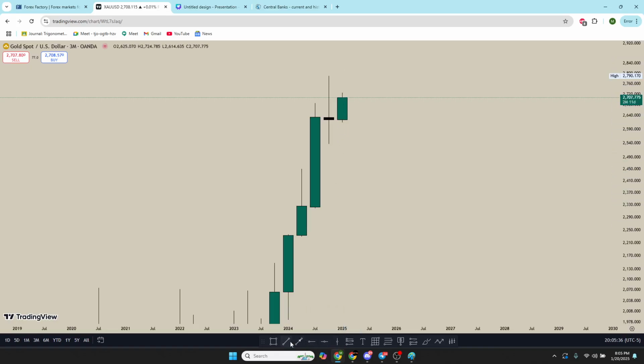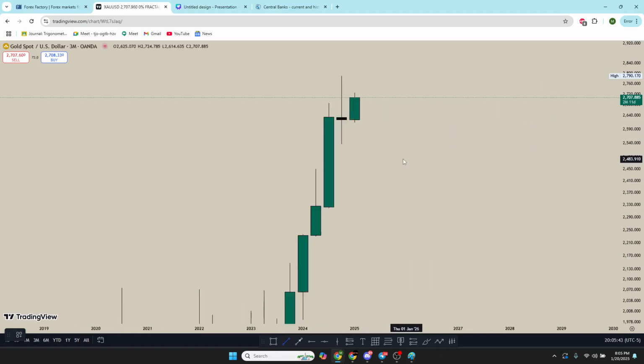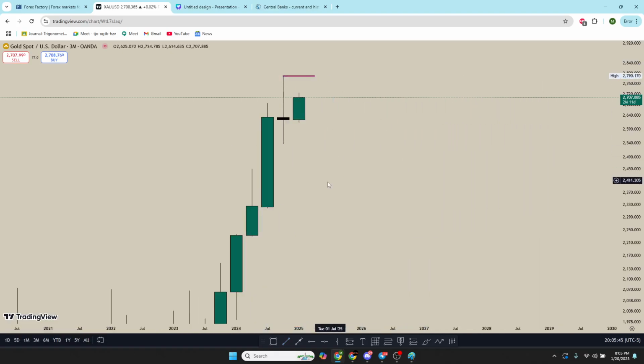Since we have no data to form fit any PD arrays on the left, we're just going to use the high of the last 3 months, or I would say the last quarter, the fourth quarter of 2024, and the low. That's what I would do, and that's what I'm going to do.